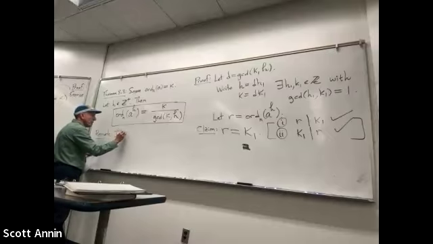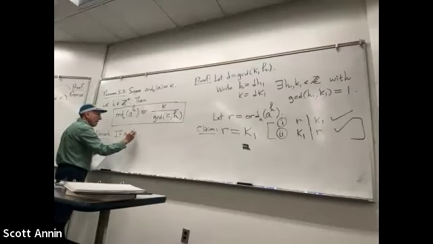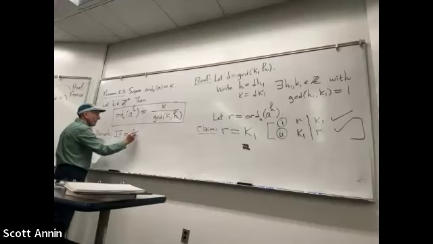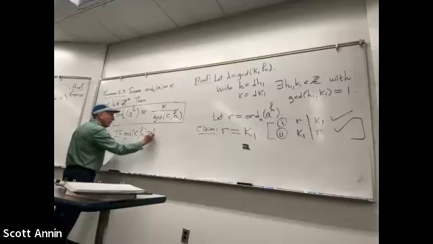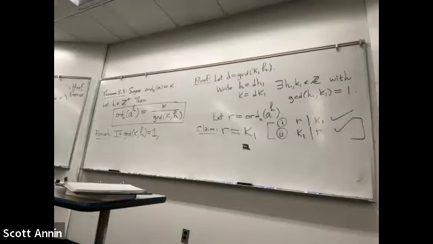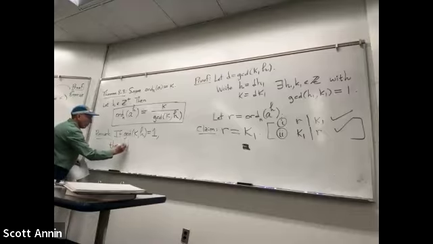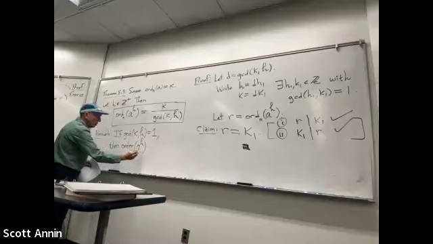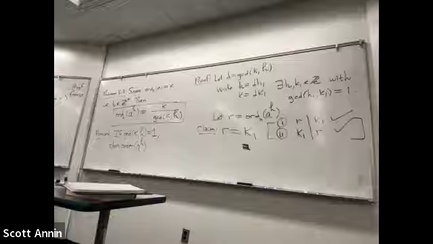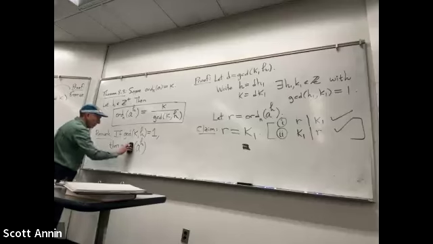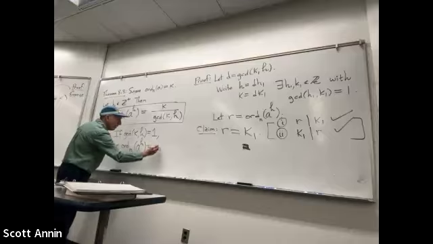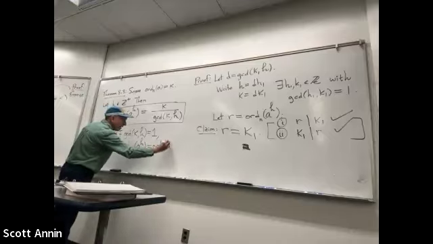If the GCD of K and H is 1, then the order of A to the H in mod n, ord sub n, is equal to the order in mod n of A itself.